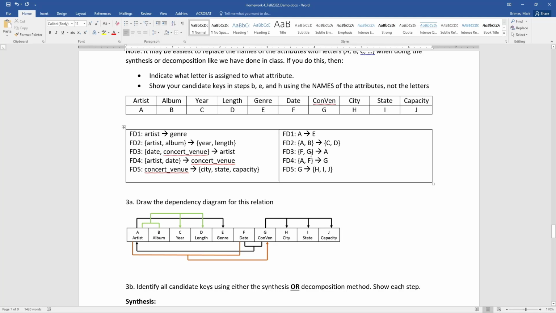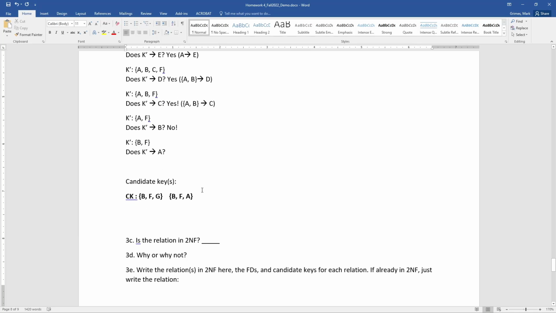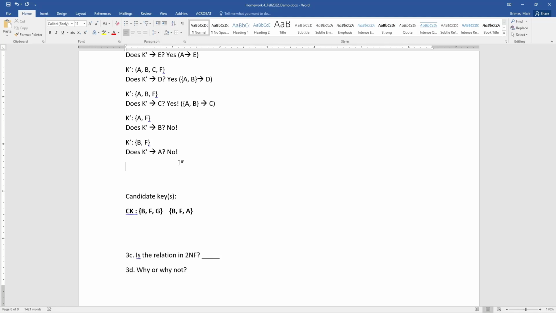Well, if we know FG, we can determine A. If we know AF, we can determine G. But I don't think there is any way just B and F together can determine A. So I think we have to put A back in there, and we're going to wind up with a candidate key of A, B, F, which, notice, is one of the candidate keys that we identified earlier.